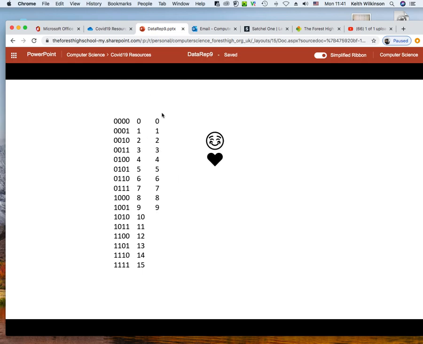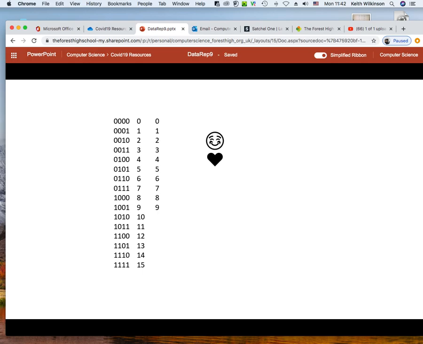So here we go. I've got my hexadecimal column down here. 0, 1, 2, 3, 4, 5, 6, 7, 8, 9. That's as many single digits as I can use. And I need to move on and represent 10, 11, 12, 13, up to 15. Now the problem is that I need to use some kinds of symbols. I could use smiley faces, or I could use hearts or spades or clubs. But I really need them to have a universal order so that everybody knows what order they come in.